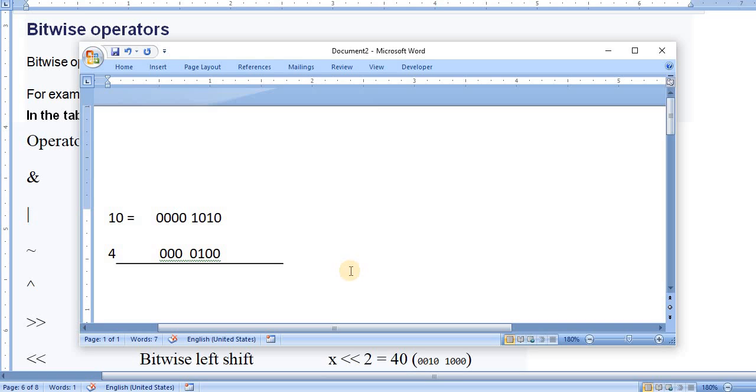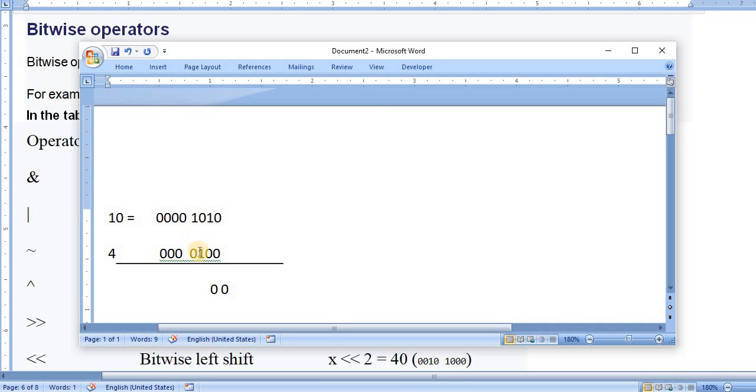Okay, so here it returns false. Next, the first operand is true, but the second operand is false. But in an AND operation, both the operands must be true, then it returns true. So here it will also return false, because the first one is true but the second one is false.